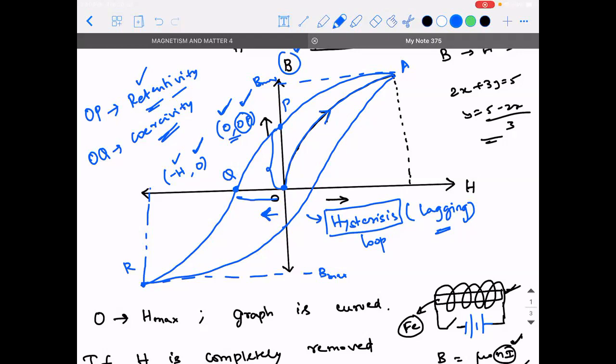Opposite direction to the previous direction which you already gave. Clear? Yes, sir.